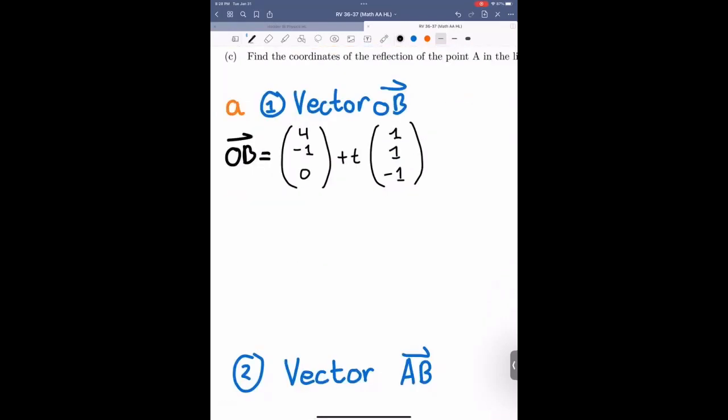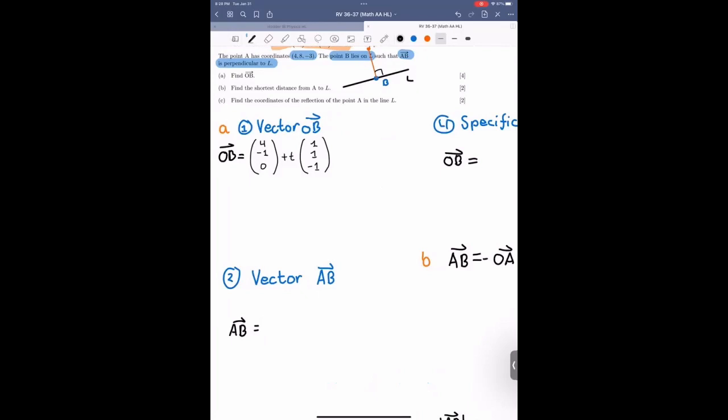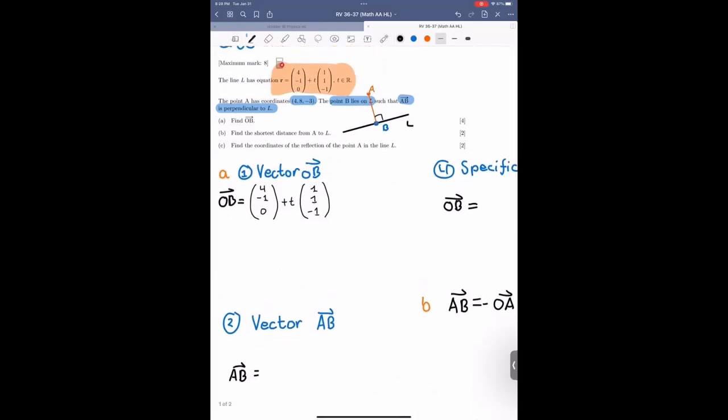Now, this parameter t will determine where on the line L we are. We need to find the value of t where the point on the line forms a vector with point A that is perpendicular to line L.